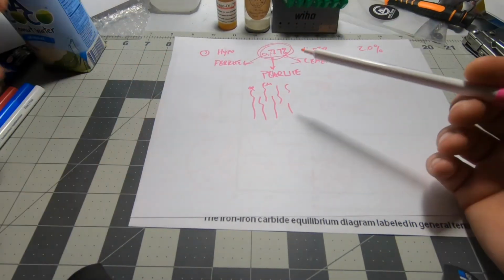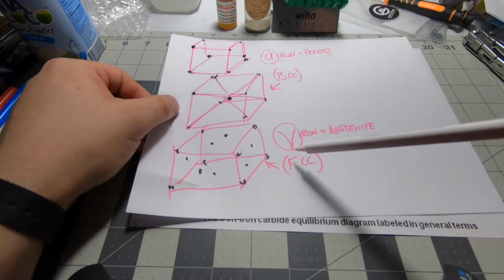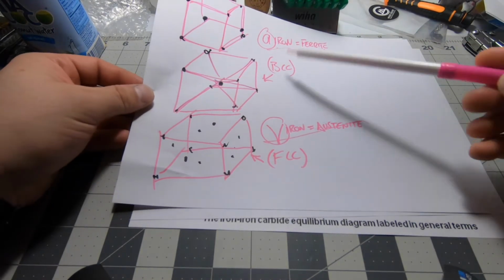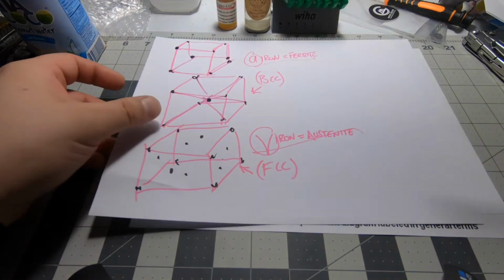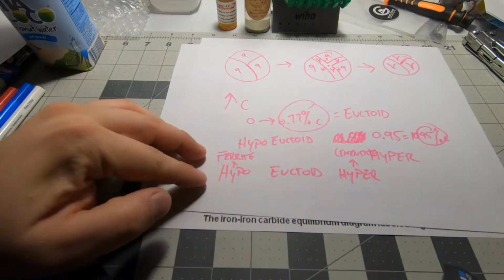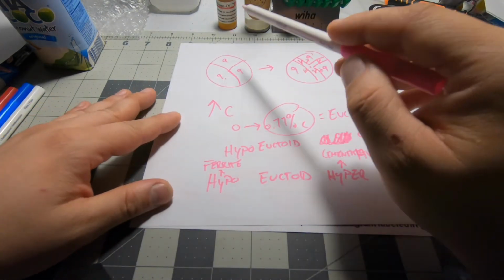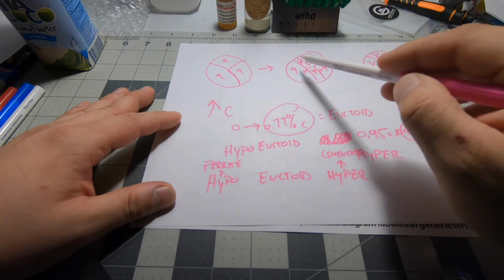Okay, so to backtrack, we got alpha, gamma. These are what they look like. These are phases. And we also have cementite. Sorry. We start with ferrite. We austenitize.